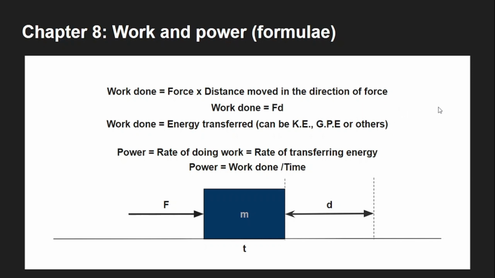But then if you look at mv squared, m has the units of kilograms. v has the units of meters per second. The square of that is meters squared per second squared. So essentially the unit of kinetic energy, which will also be the units of any other form of energy, gravitational potential, electrical, chemical, you name it, is going to be kilogram meter squared per second squared, which is the same as the units of work done.